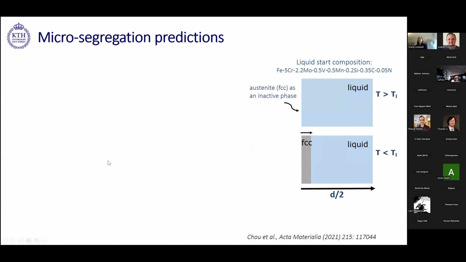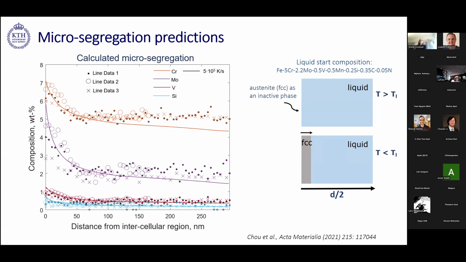So we define this phase to be FCC. Then we can perform this calculation and follow at the interface how the elements move, and we get these lines here. Here are the calculated segregation profiles. Here is the boundary, and here is the middle of the solidification structure.